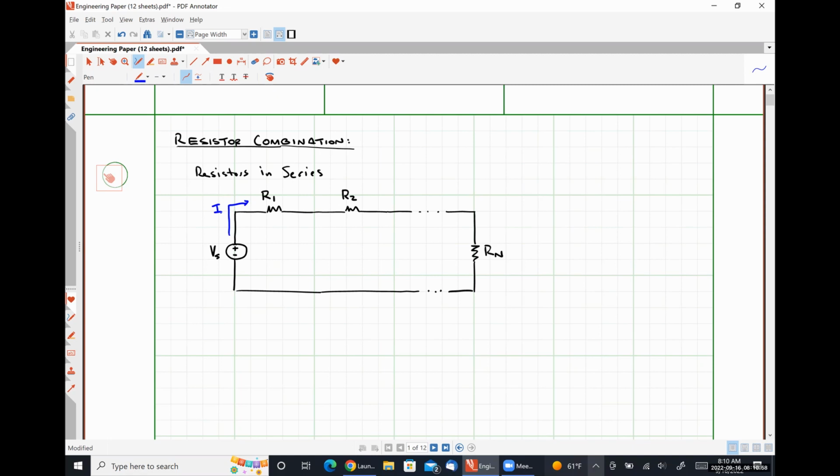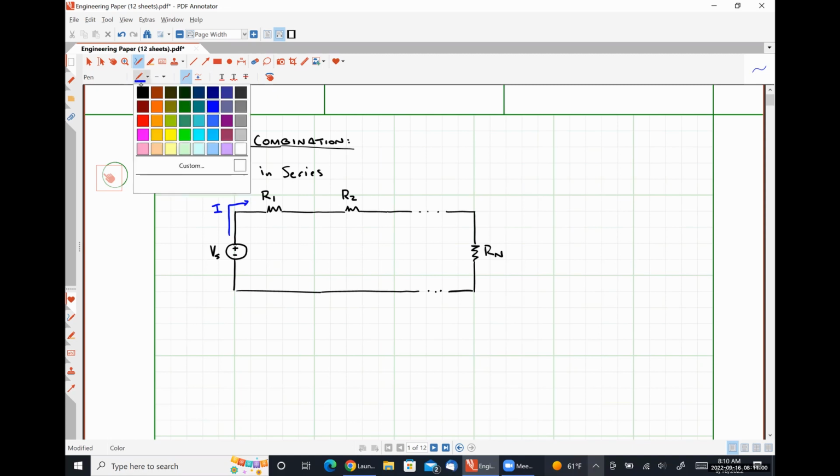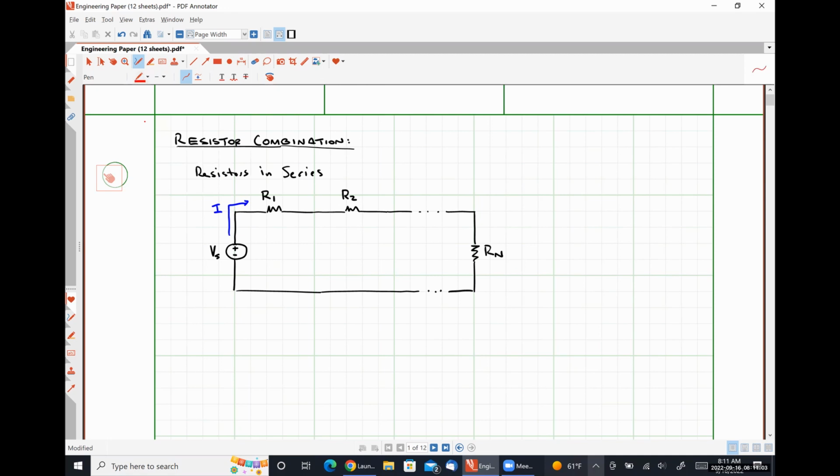Okay? This common current I will cause a voltage drop over each one of these resistors. So we can call this voltage drop VR1, this voltage drop VR2, all the way out to this voltage drop VRN, where I've chosen those particular polarities for those voltage drops across my resistors, such that the current is flowing into the positive polarity terminal, and therefore I get to use the simple V is equal to I times R representation of Ohm's law.